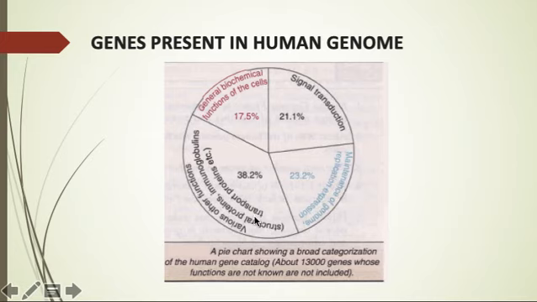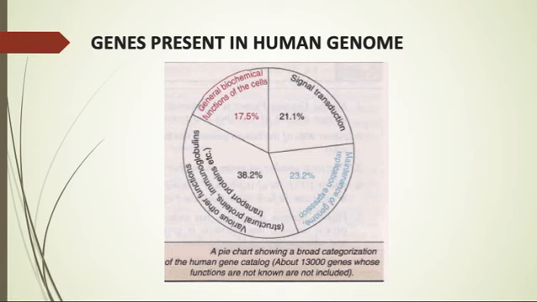Then 38.2% have various other functions like structural proteins, immunoglobulins, and transport proteins, etc. So these are the different genes which are present in the human genome.